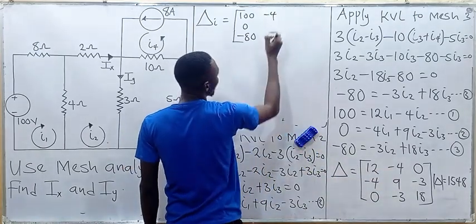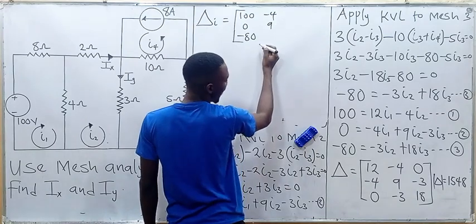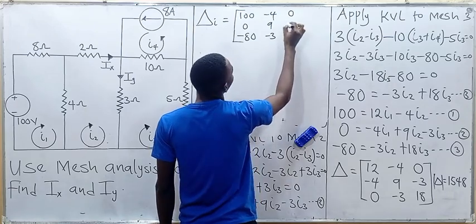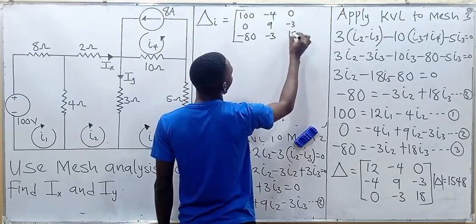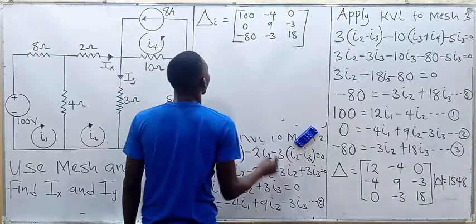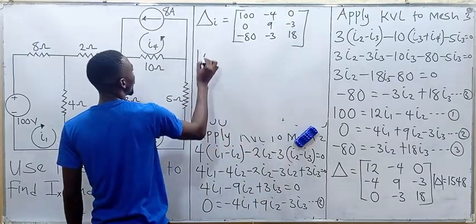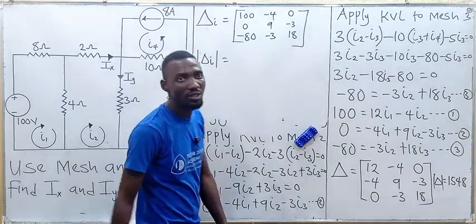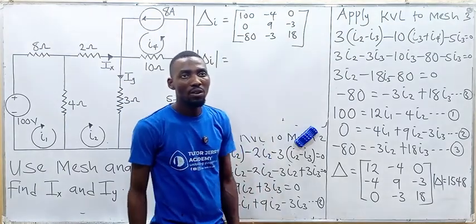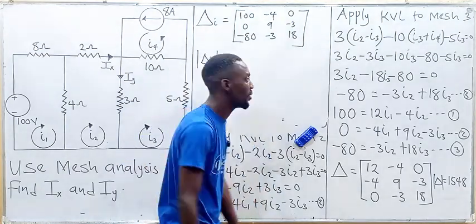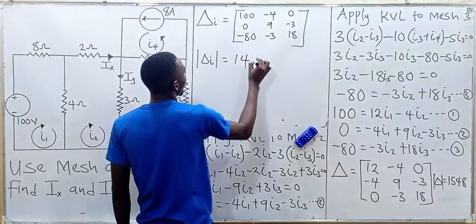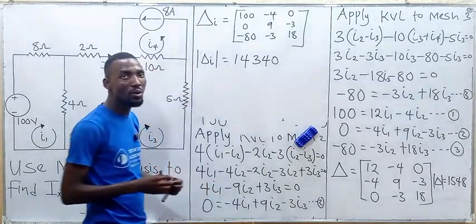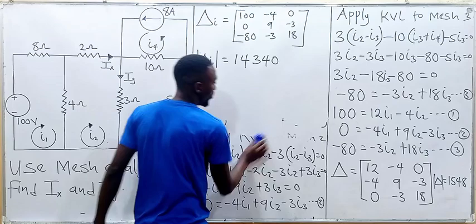So I'm going to have -4, 9, and -3. Here I'm going to have 0, -3, and 18. So we find the determinant. The determinant will be equals to 14,340. All right. So we are going to go for I2.